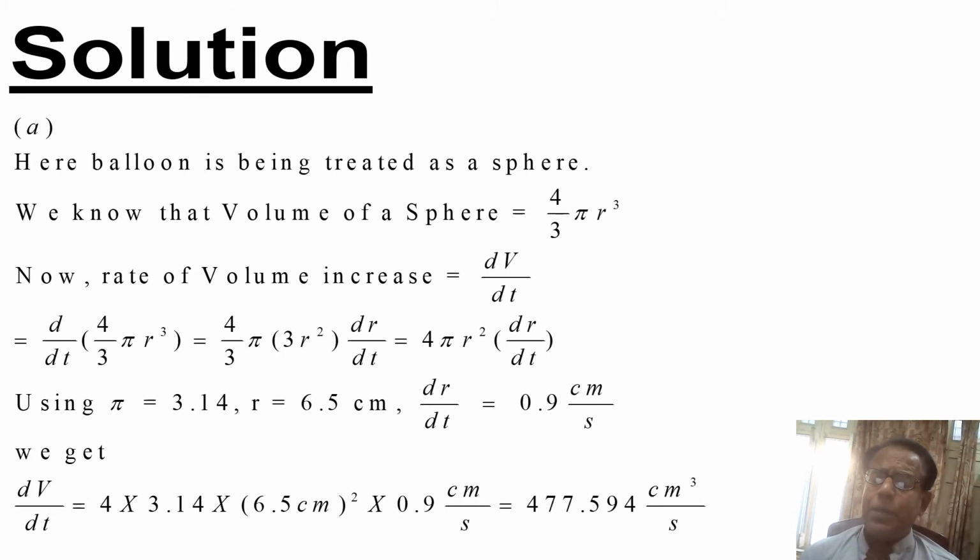This becomes equal to 4/3 pi into 3r squared into dr/dt, which is equal to 4 pi r squared dr/dt, because 3 will cancel with 3.